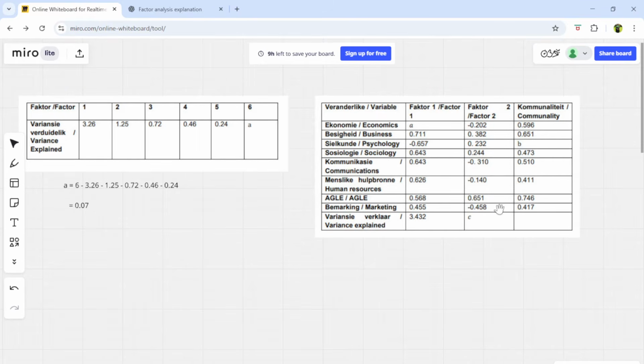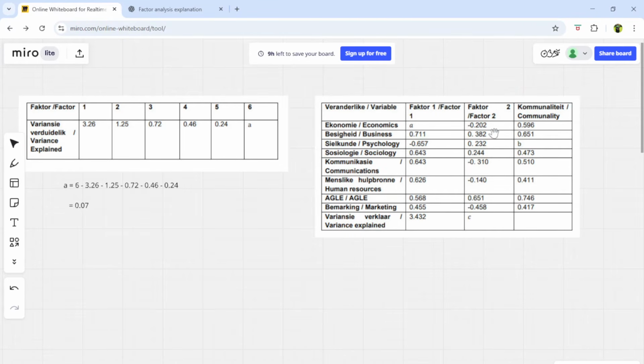We'll get into that at a later stage, whereby we do something like significant factor loadings and stuff like that. But all you have to know is that these numbers in between are called the factor loadings. And then they'll ask you a question like, calculate the missing value, which is C, and the value C is actually the variance explained by factor 2.